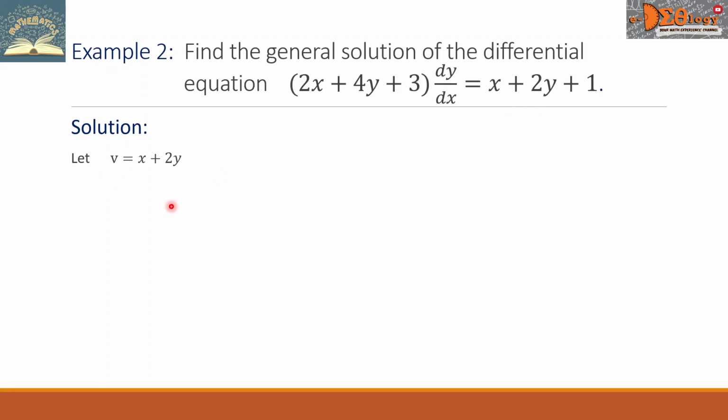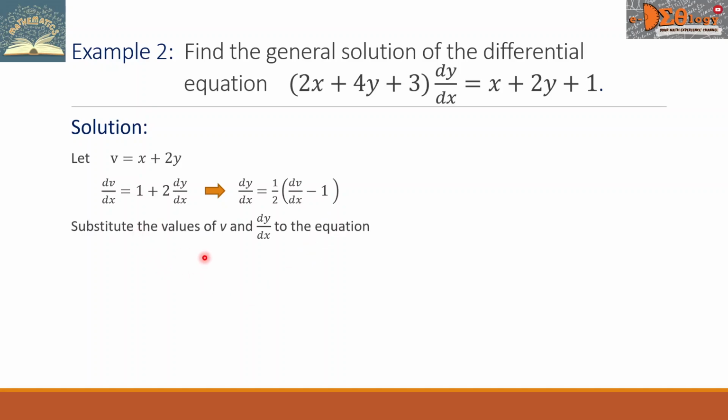And if we take the derivative of this with respect to x, we have dv over dx equals 1 plus 2 times dy over dx. If we want to isolate the dy over dx, it becomes dy over dx equals 1/2 times the quantity dv over dx minus 1.